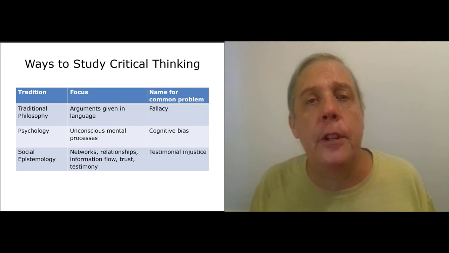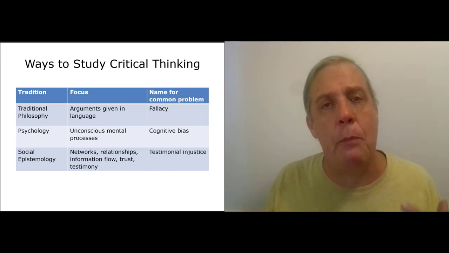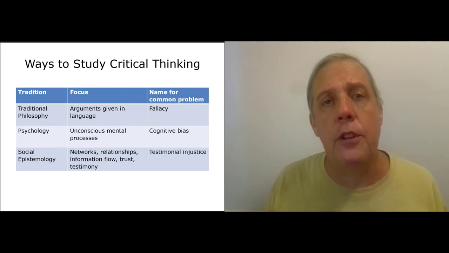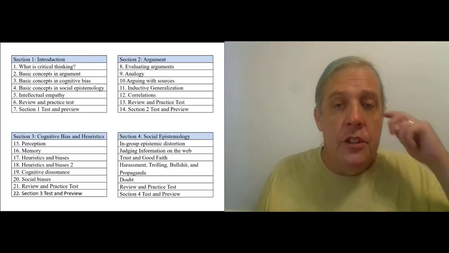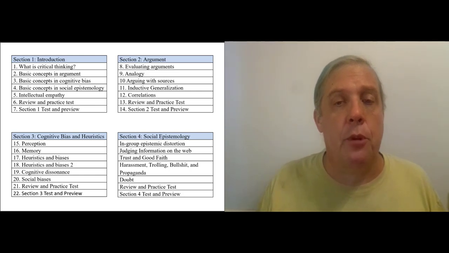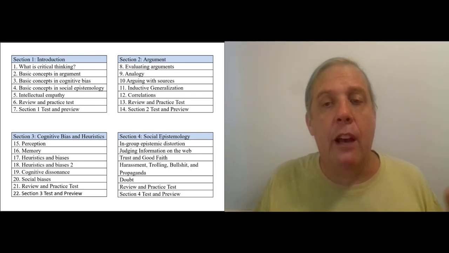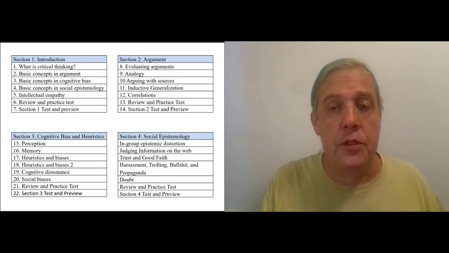This is still a new field, but I'm going to say that the thing that is most central that people worry about for this new field is testimonial injustice. So in this first module, I'm giving you previews of these three approaches. And then we have one module each on those approaches.